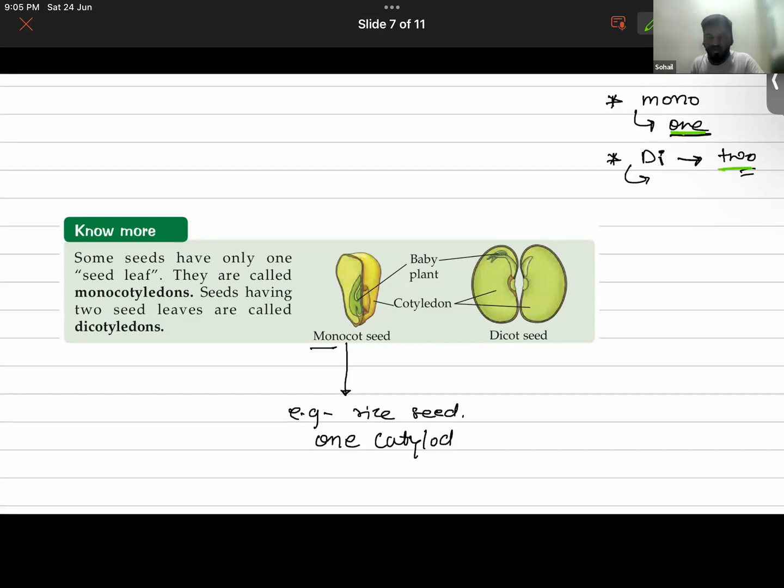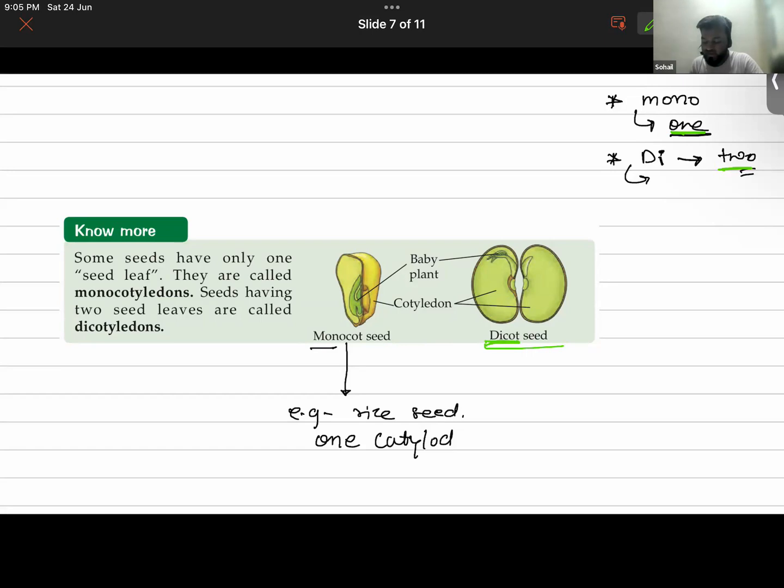So we are talking about cotyledons here. Seeds in which there are two cotyledons, we call them dicotyledon seeds, or in short, dicot.